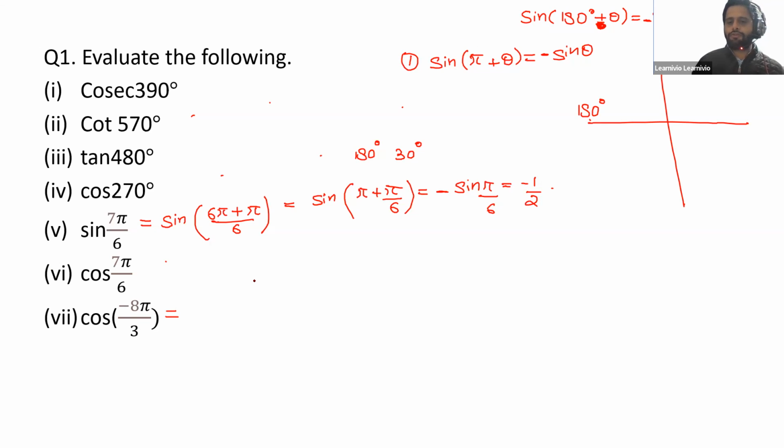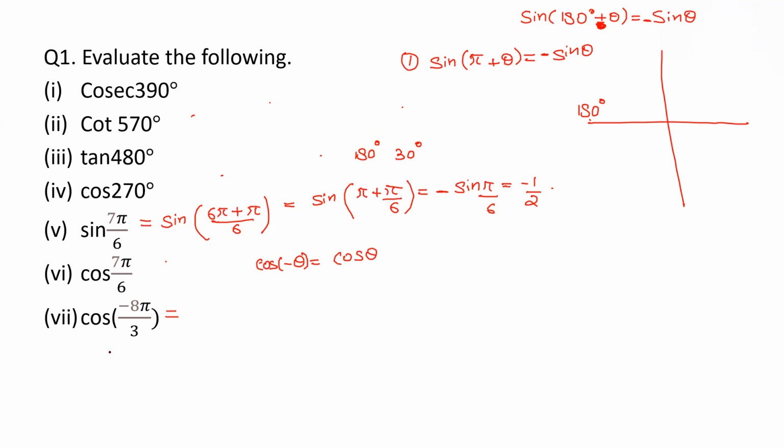What is the value of cos minus theta? We have a formula for this. Sorry, sir. What is the formula for cos minus theta? Is it cos theta? You have already done this formula today?